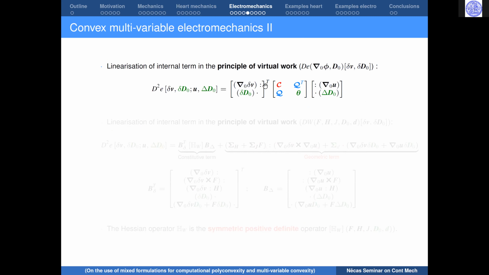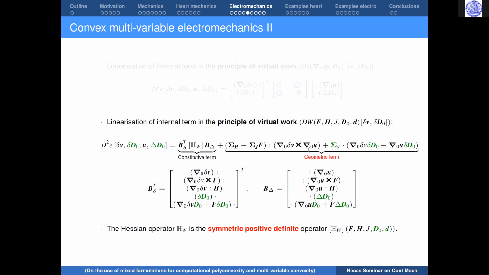Regarding the linearization, this is how the linearization would be in the classical sense. You can see you get the constitutive tensor, but you also have further tensors, the piezoelectric tensor and the dielectric tensor. In the case of an extended setting of all the variables that we have, it looks like this, okay?